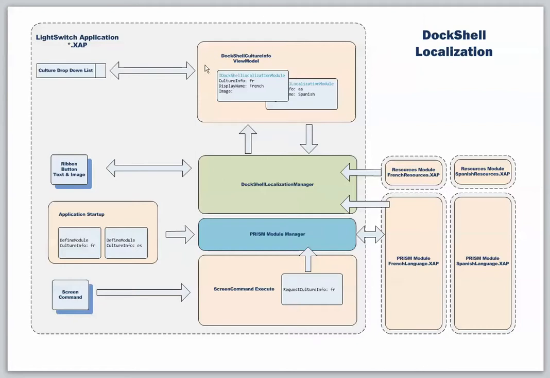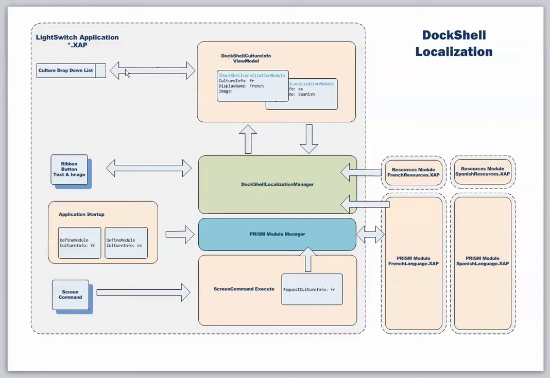Above that we have another new area, which is a DockShell Cultural Info View Model. This view model is holding some pretty lightweight objects that we're going to use for visual data binding, and we're going to build a drop-down list that allows the user to select which culture they want to advance to.